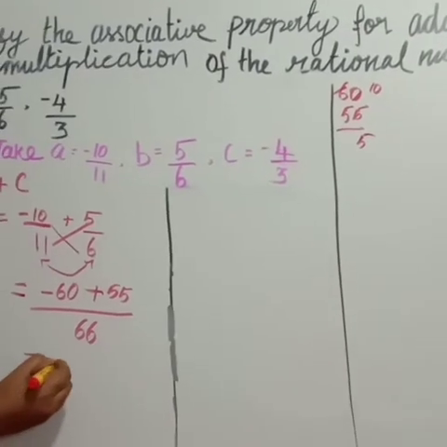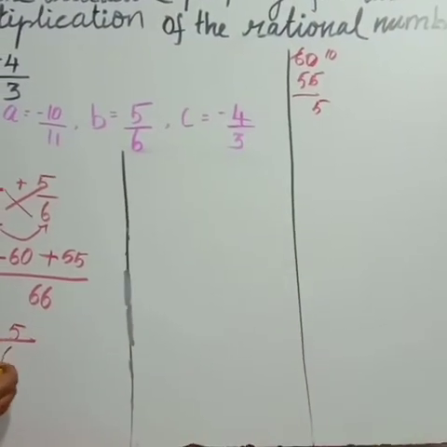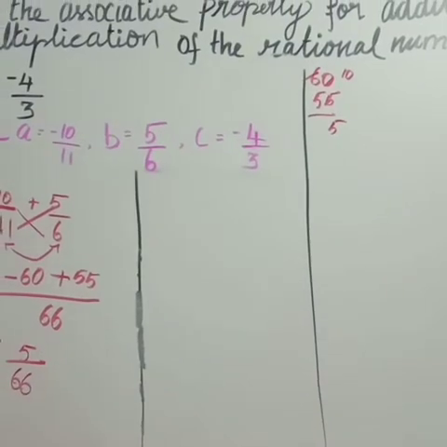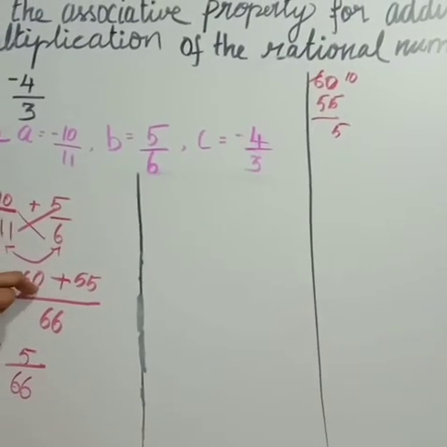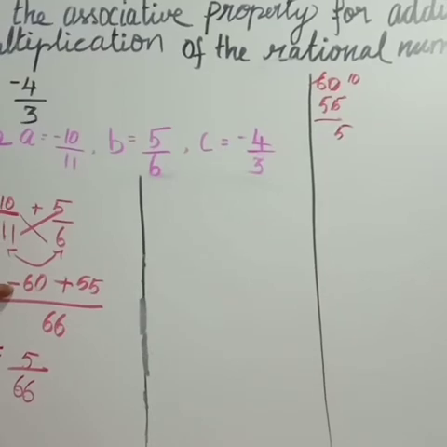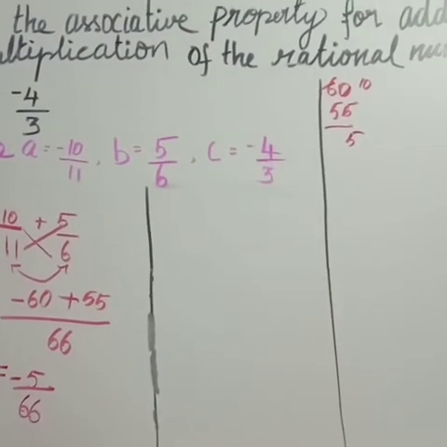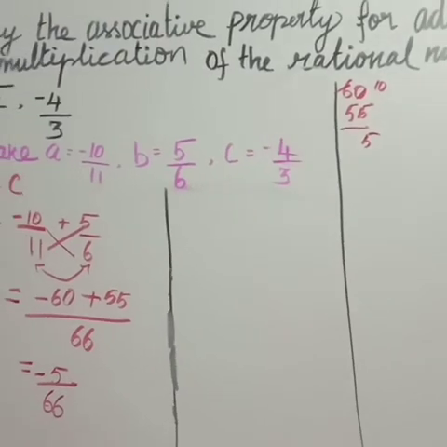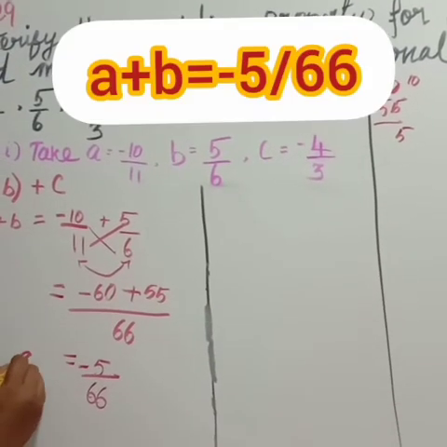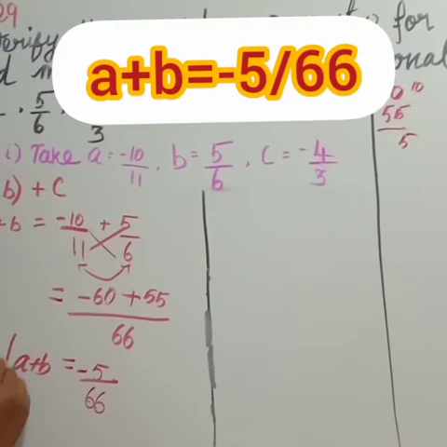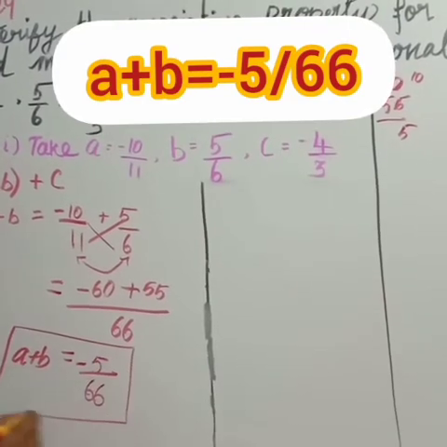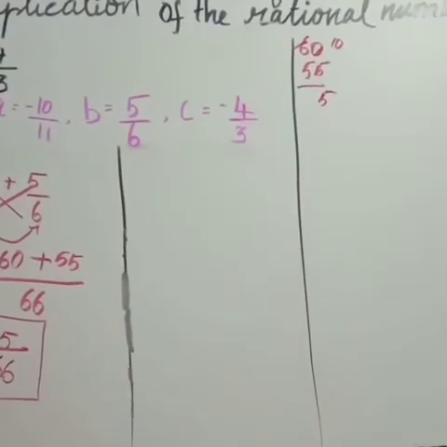So 5 divided by 66. Here 60 is the biggest number, and the minus symbol is before it, so I put a minus 5. So what is the answer of A plus B? A plus B is equal to minus 5 divided by 66.